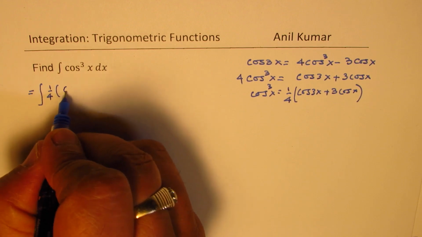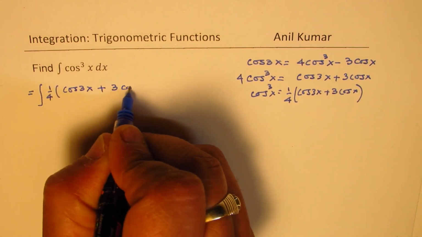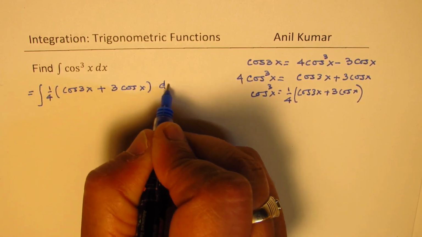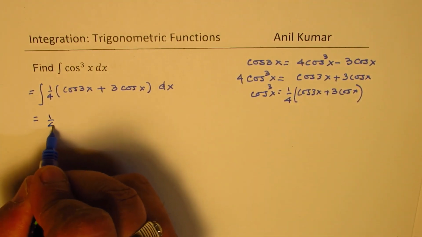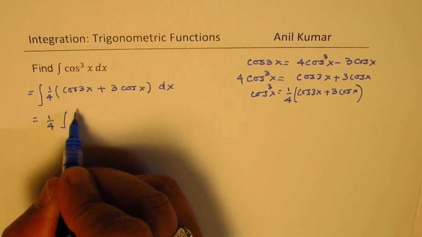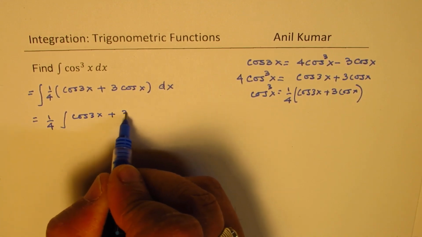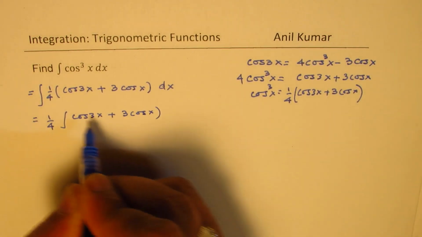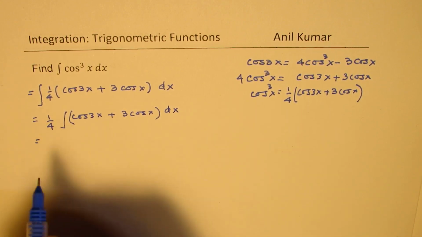Cos 3x plus 3 cos x dx. Now 1/4 is a constant. I can take it outside and then find integral of these. So it is integral of cos of 3x plus 3 cos of x dx. See how simple it becomes, right? But you have to remember the formula.